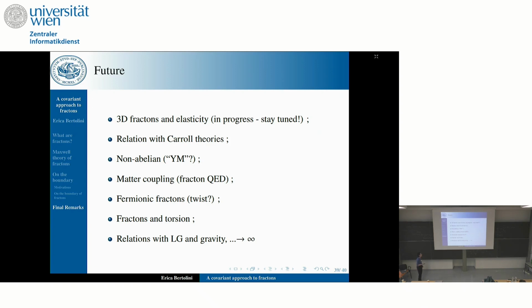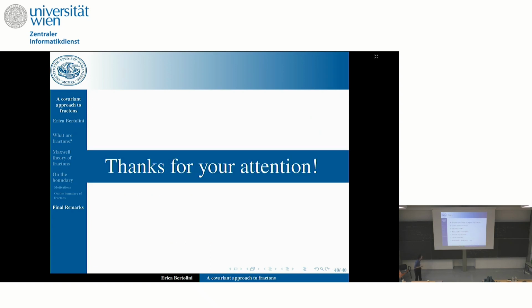And a relation with torsion between fractons and torsion: we're looking at a theory which has both linearized gravity and an additional term, which maybe comes from a torsional effect and other effects related with linearized gravity and so on.